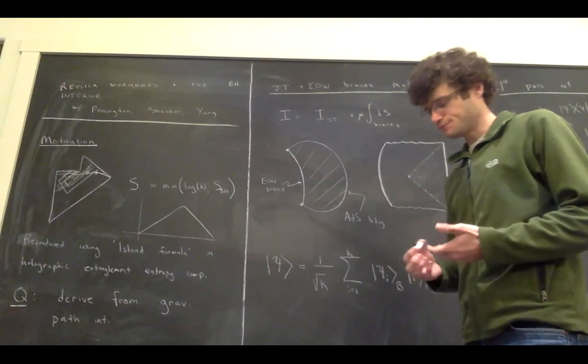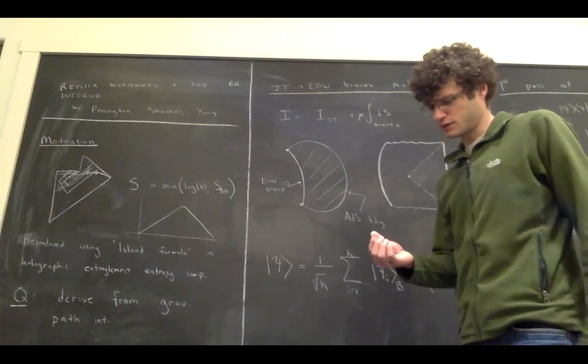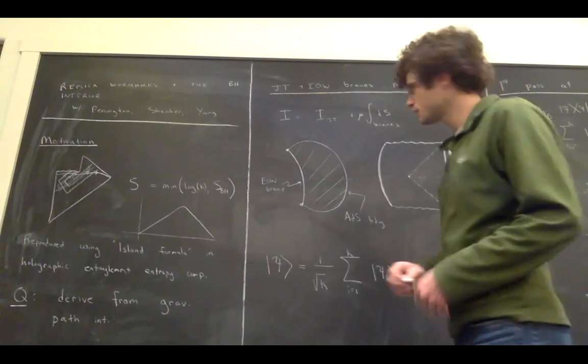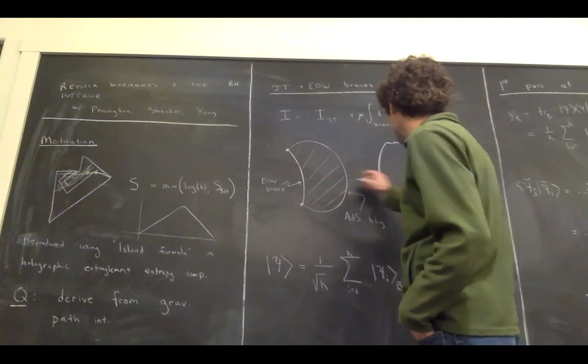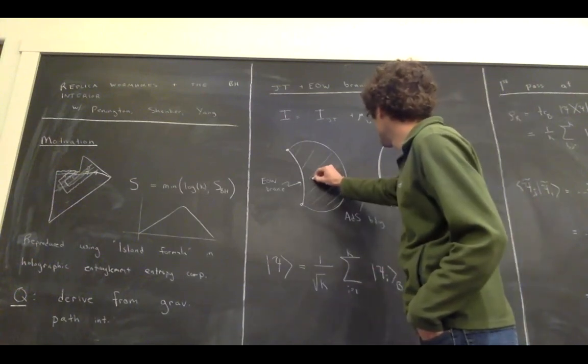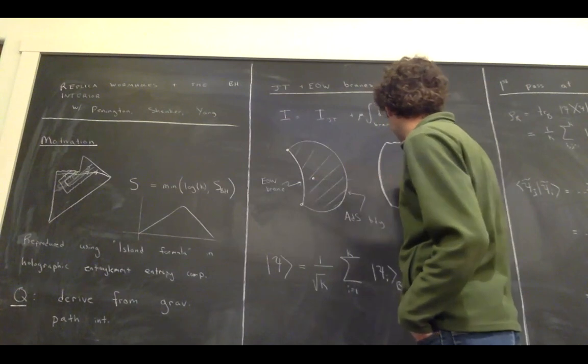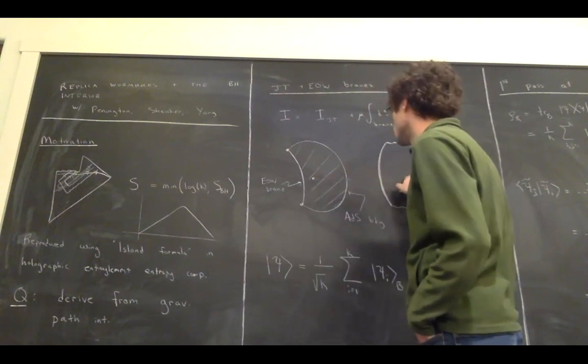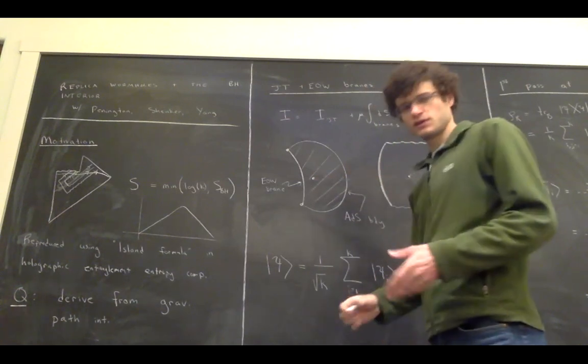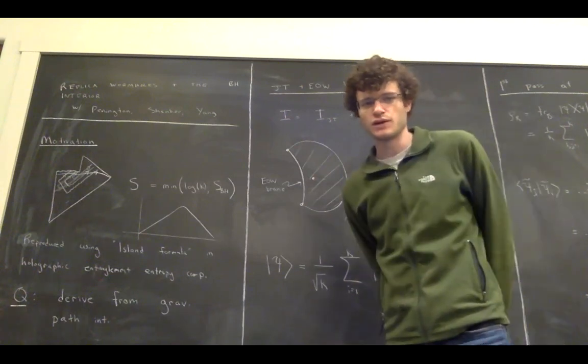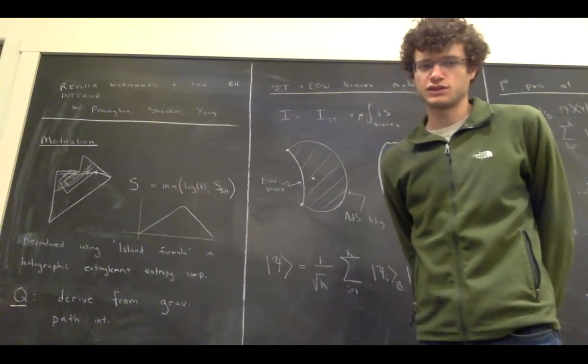And the horizon is at one point in that Euclidean geometry, which would be this point here. This point here is the same as that point, and that's the bifurcation surface where the two horizons meet. But to tell that it's a horizon, it's simplest to continue to Lorentzian signature.